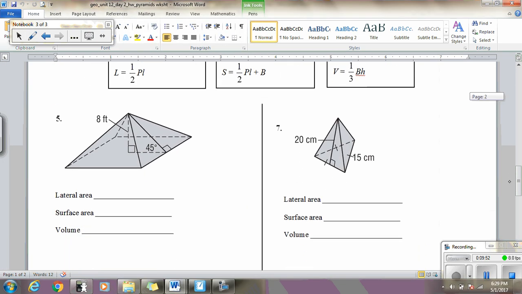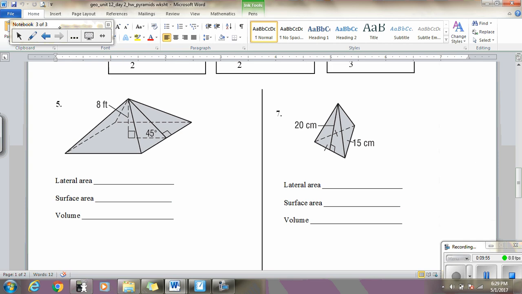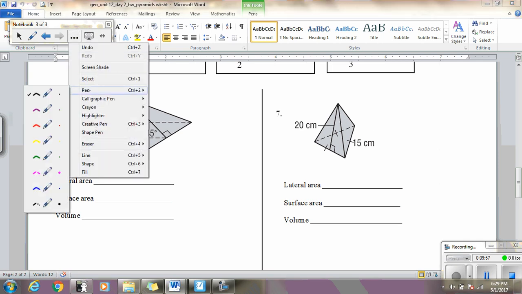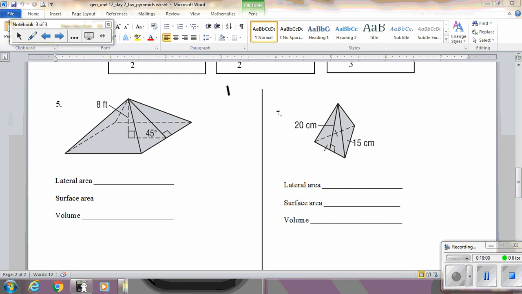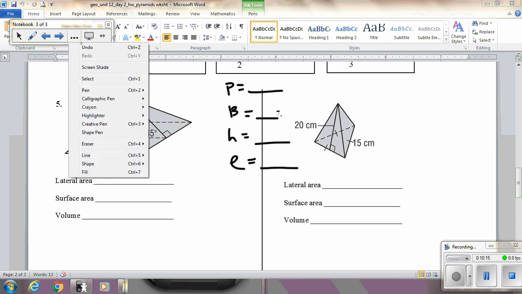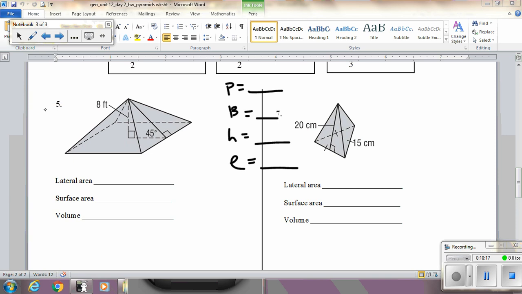All right, number 5. Again, we're finding P, B, H, and L. So the right triangle that connects your 3D height to your slant height is a 45, 45, 90 triangle.